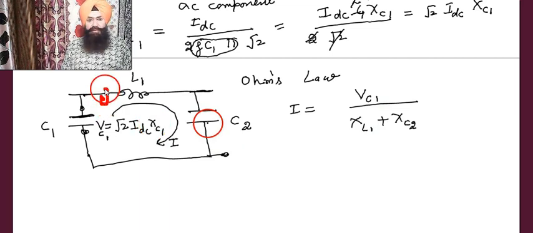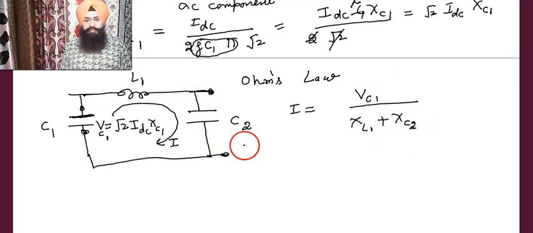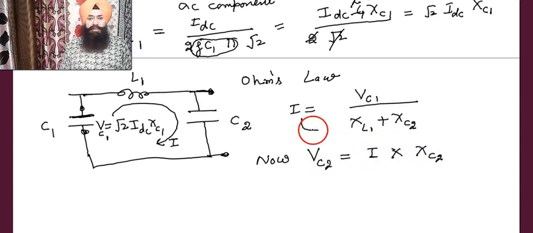By Ohm's law, the current I equals, because voltage is here, that voltage divided by the reactance of this and the reactance of this. So the voltage across here, VC1, reactance of L1 is XL1, reactance of C2 is XC2. Now, after getting the current, what will be the voltage across these 2 points?